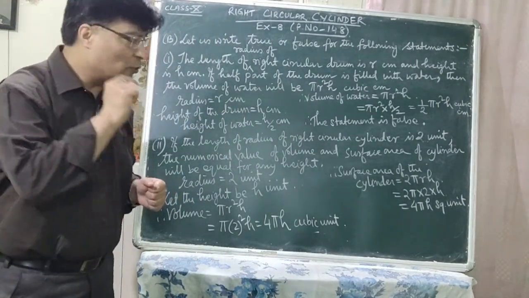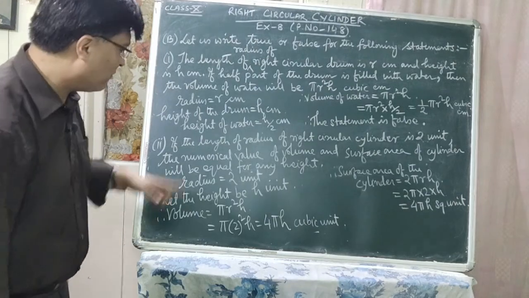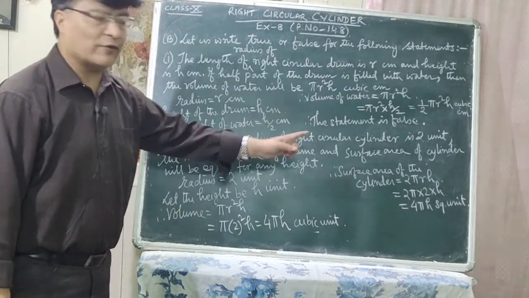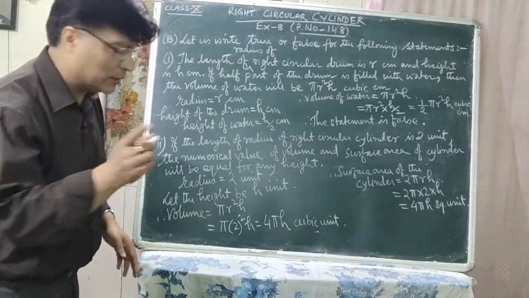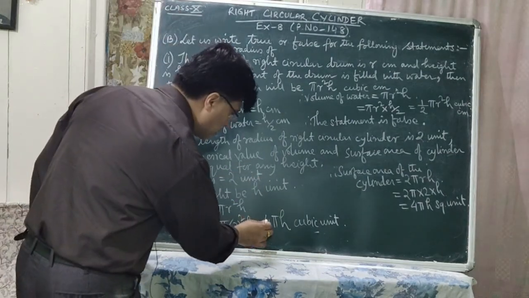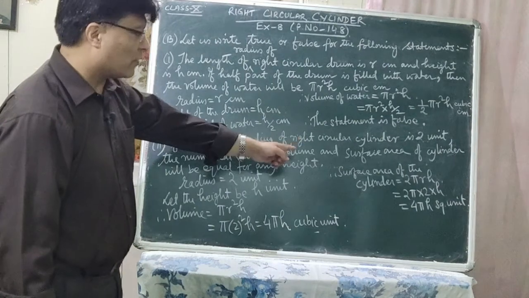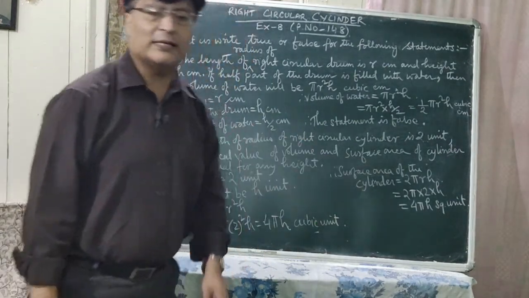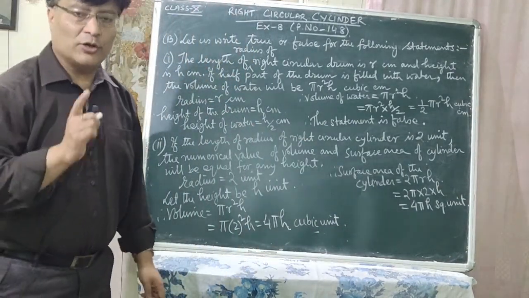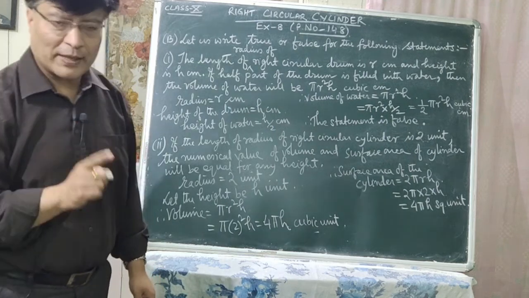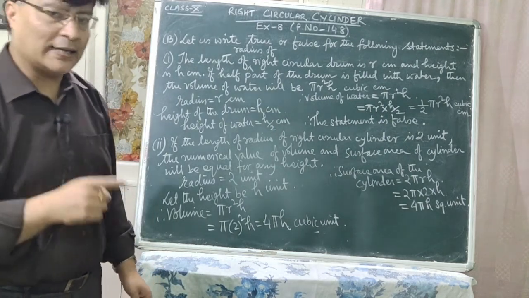Here we see that the numerical value of the volume and the surface area of the cylinder are equal, isn't it? The volume is 4 pi h cubic unit, and the surface area of the cylinder is also 4 pi h square unit. That is, the numerical values are equal.